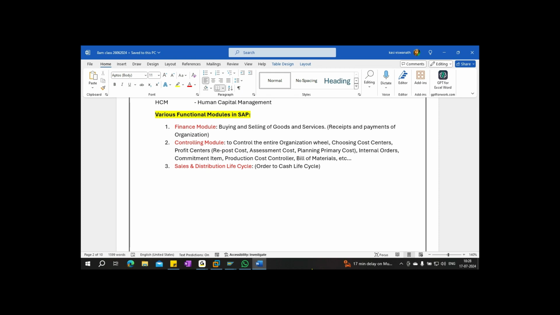Next, the controlling module. To control the organization. How to control the organization?